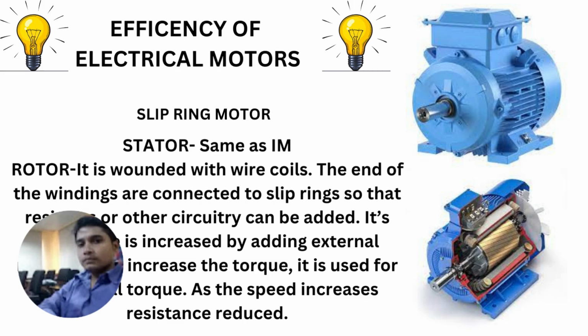The resistance or other circuitry is added to increase the initial torque, so it has a very high torque even at zero speed. As the speed increases, the resistance is decreased.